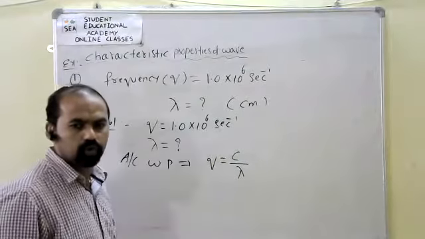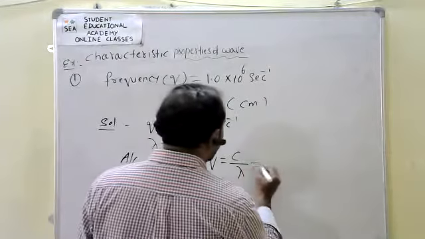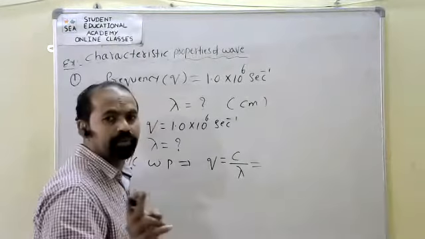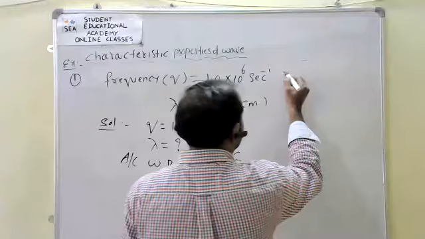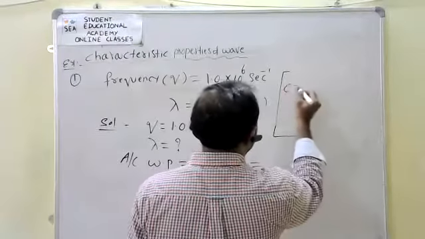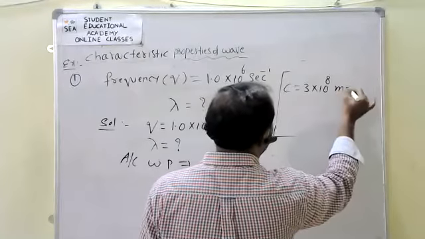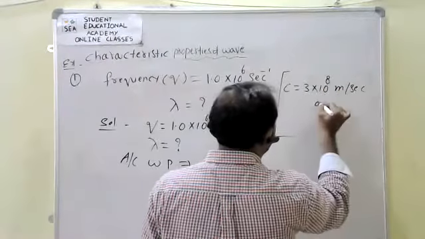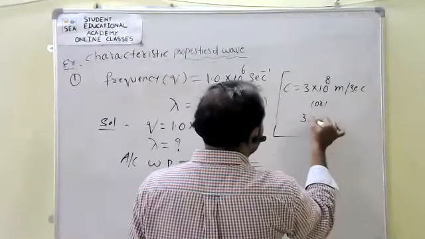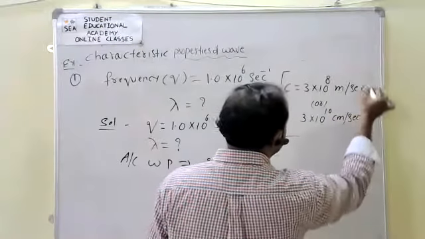C is nothing but velocity of light. C equals to 3 into 10 power 8 meter per second, that is equals to 3 into 10 power 10 centimeter per second.